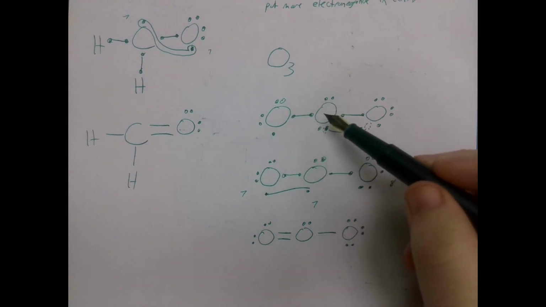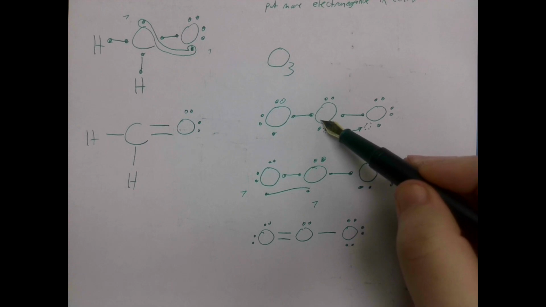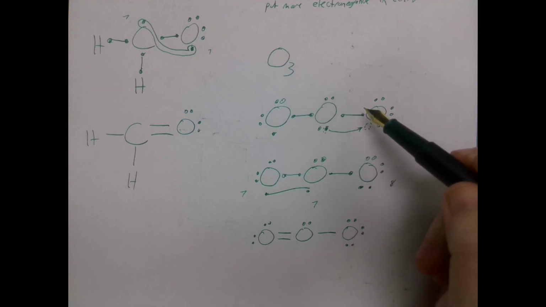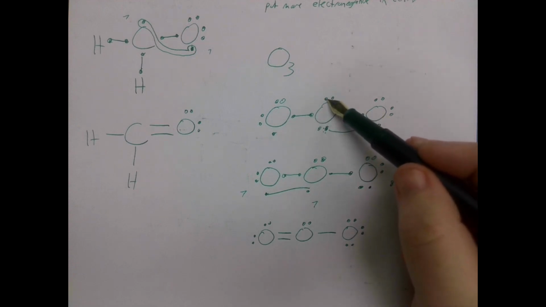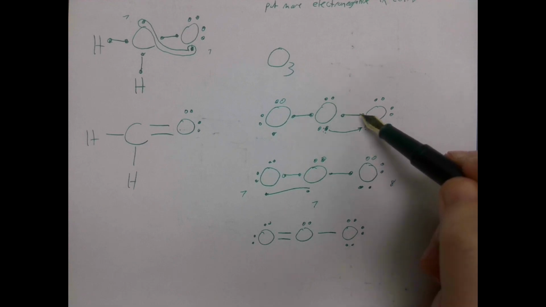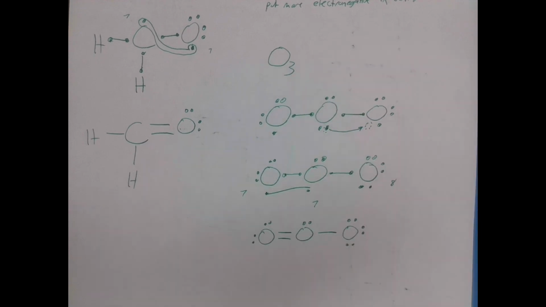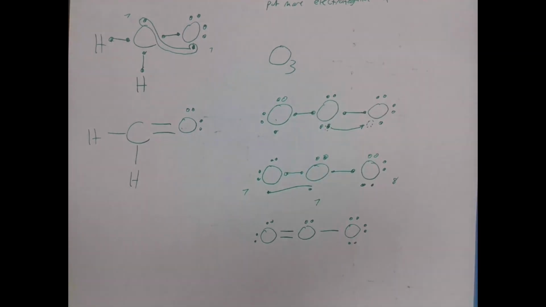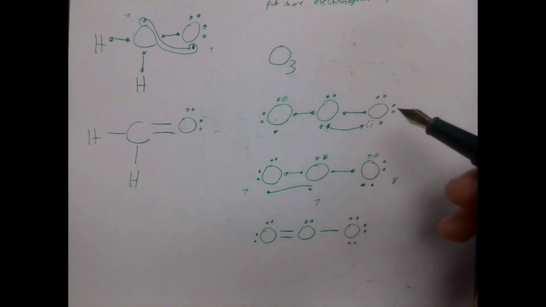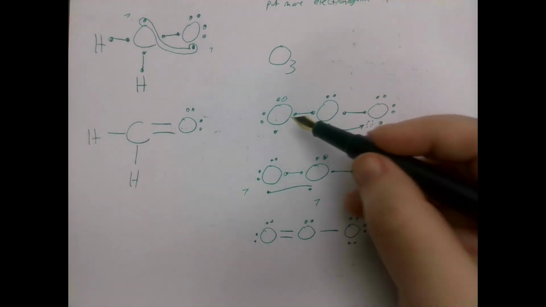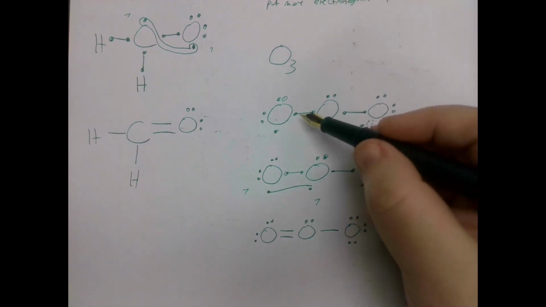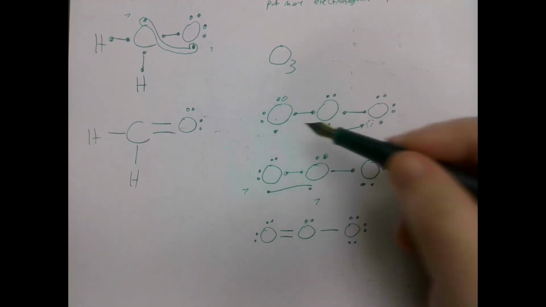We need to bond this one to this one. So this one was originally happy: 1, 2, 3, 4, 5, 6, 7, 8. But these two on the outside are unhappy, and they can't connect together because of the oxygen in the middle. So in order to make this happy, it's going to need to steal one of these electrons.